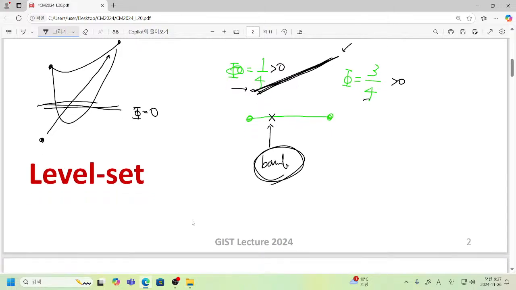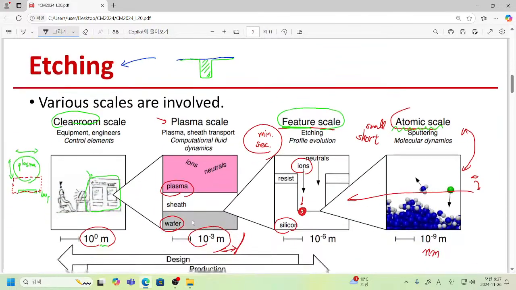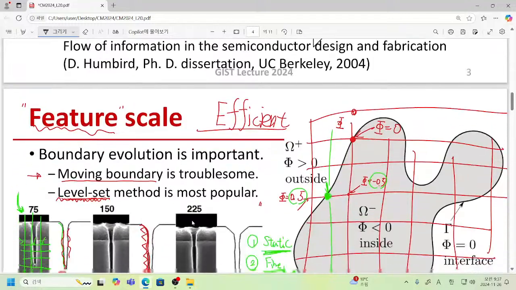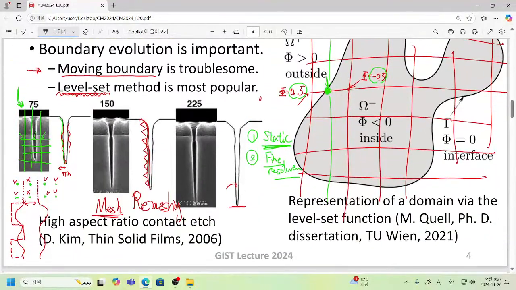So simply speaking, as shown in this level set description, since the boundary is defined as a level equal to 0, instead of using just distance, a signed distance is prepared to implement this scheme.